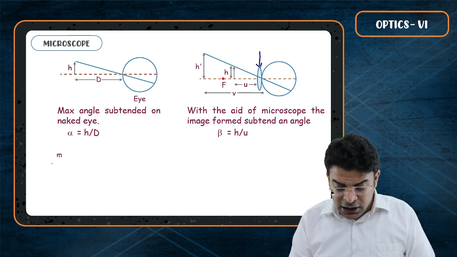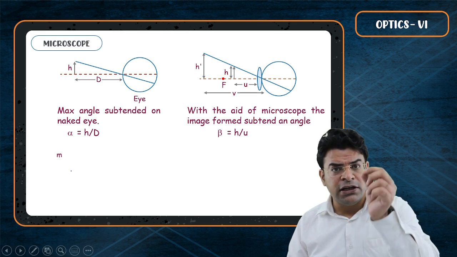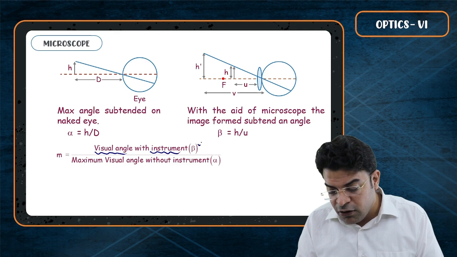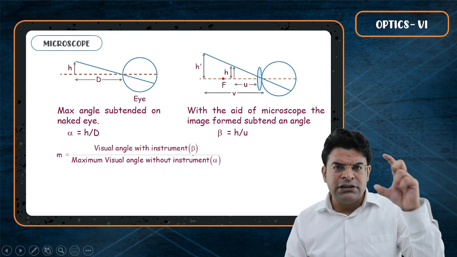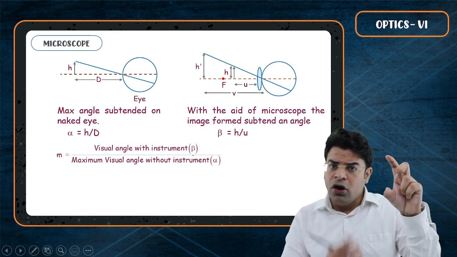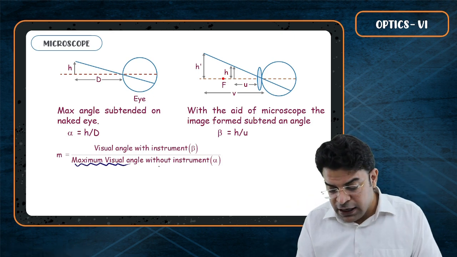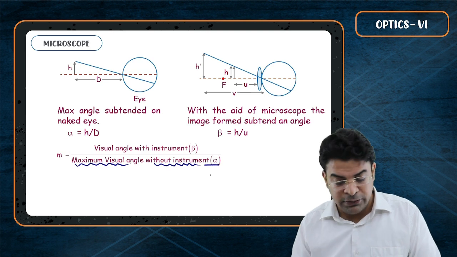We say that the magnification done by an optical instrument is nothing but the visual angle with the aid of the instrument, the angle subtended by the object on the eye with the help of the instrument, upon the maximum visual angle without the aid of the instrument.